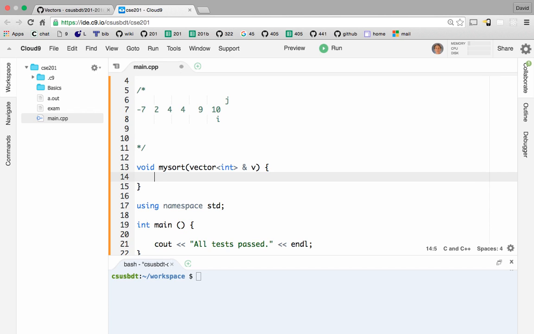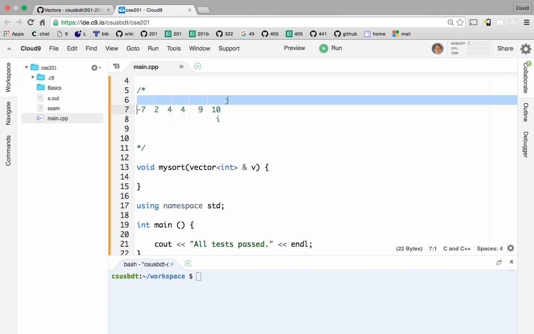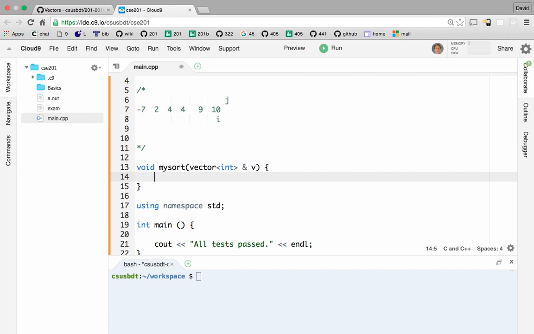Remember, i is in the outer slower loop and j is in the faster inner loop. This is like the minute hand on a clock and this is like the hour hand. And let's remember, what did we do?